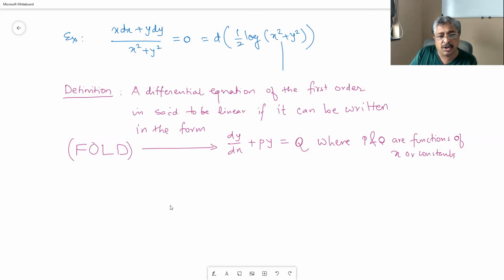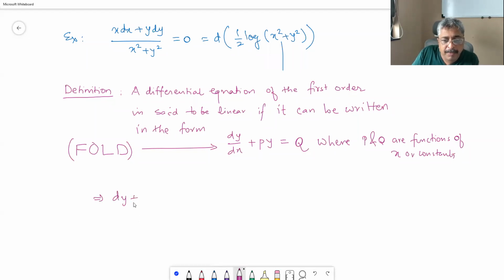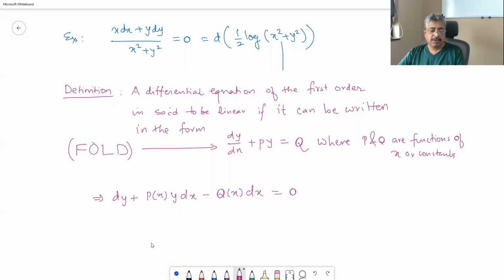Okay, so first let us cross multiply and see what we get. Simplify. This implies dy plus p of x times y dx minus q of x dx is equal to 0, because p and q are functions of x.